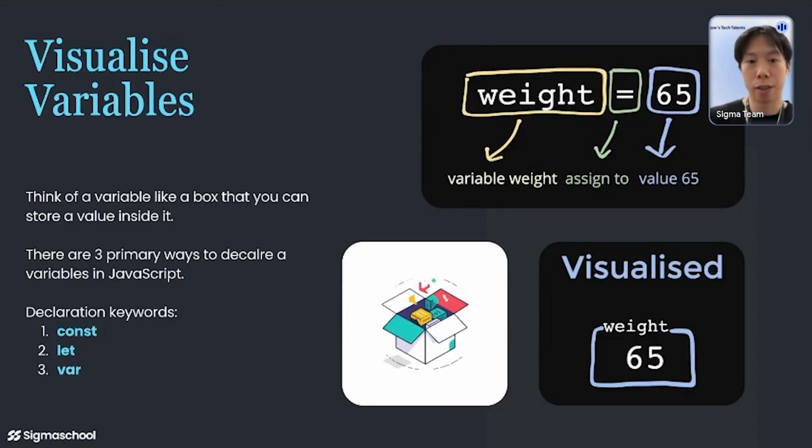To visualize it, you can draw a box, and you name that box weight. It's like you put a cardboard box, you write weight on the cardboard box, and you put 65 inside that box. That's pretty much it. So that's how you visualize it, right? A variable is a box, and you store numbers, strings, anything inside a box. Variables. Simple, right? Makes sense?